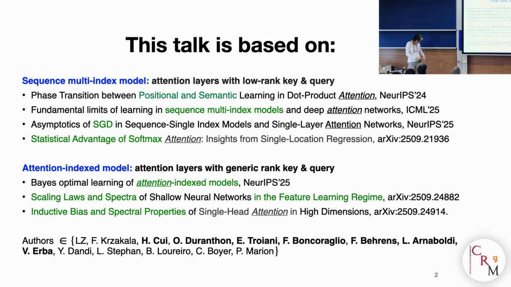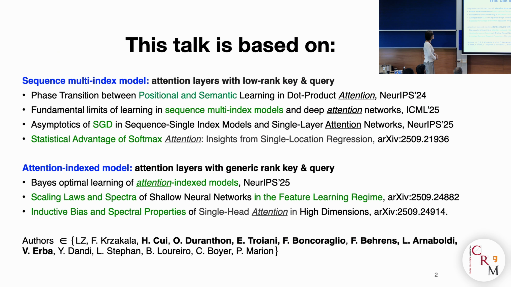So what I want to tell you is this. I want to tell you about these 7 works in some kind of unified framework that we started about 2 years ago, realizing that a good part of what we have been doing for the feed-forward fully connected neural networks actually can be used and transferred to study the attention, the key layer in the transformers.